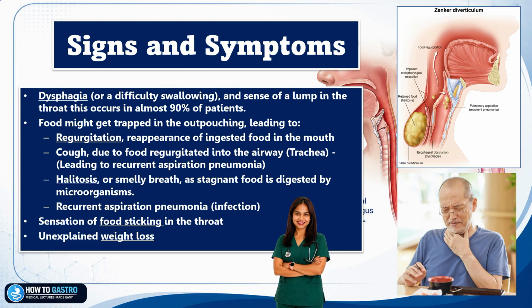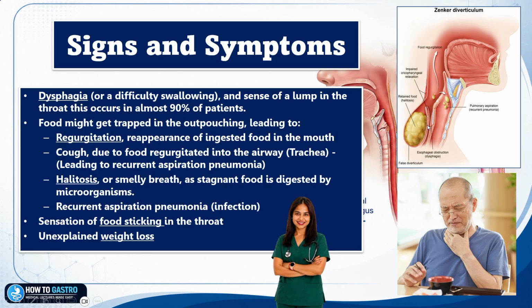So what are the signs and symptoms of Zenker's diverticulum? Dysphagia, or difficulty in swallowing, is one of the most commonly reported symptoms. This is a sense of a lump in the throat and occurs in almost 90% of patients. If we pause there and take a look at this picture up here on the top right corner, we see what happens. Remember, food is coming down, trying to make its way into the esophagus.